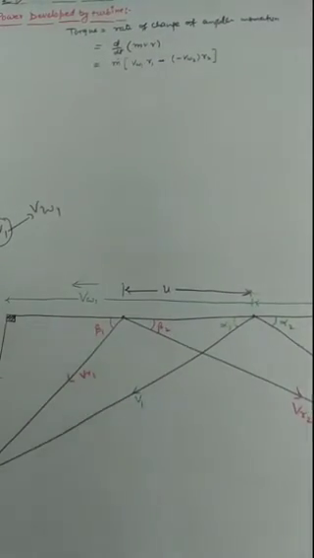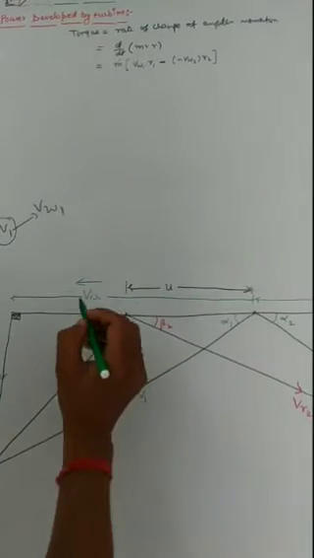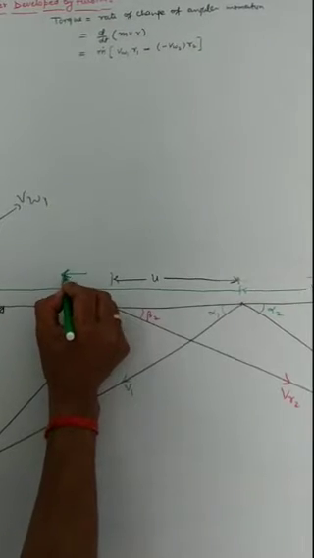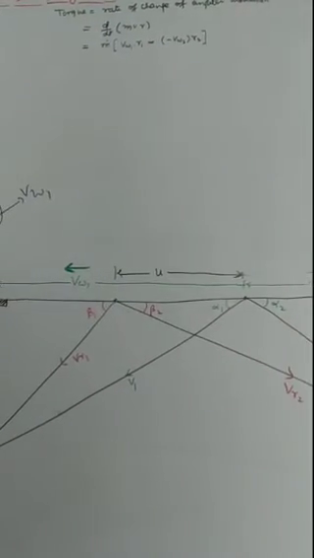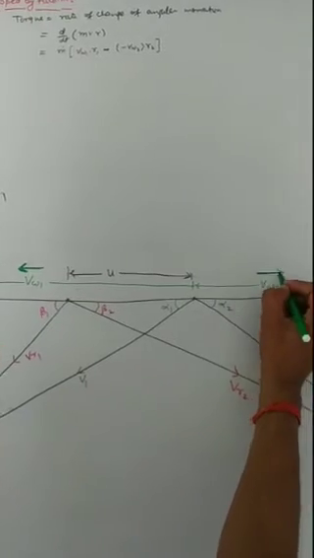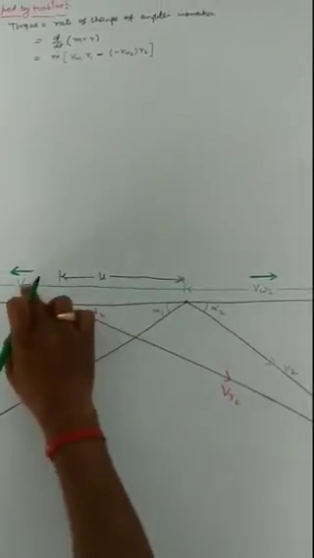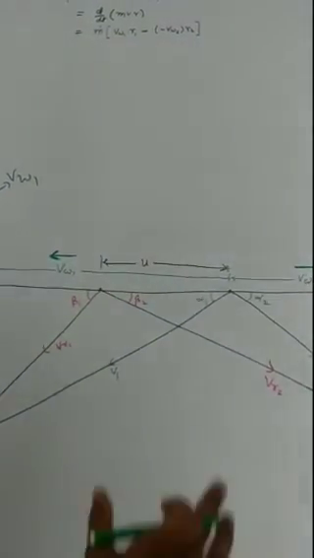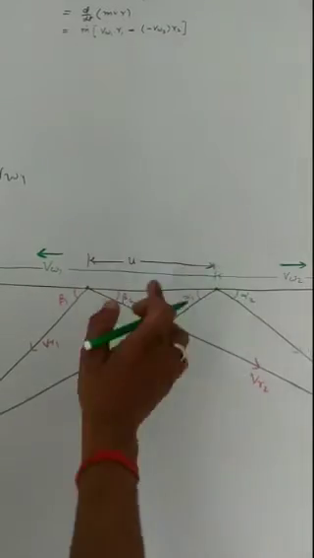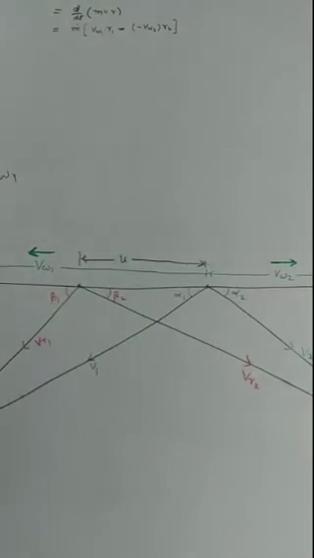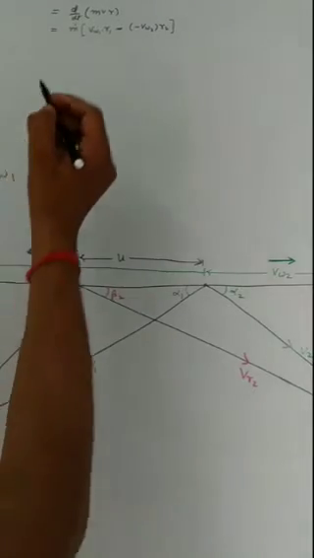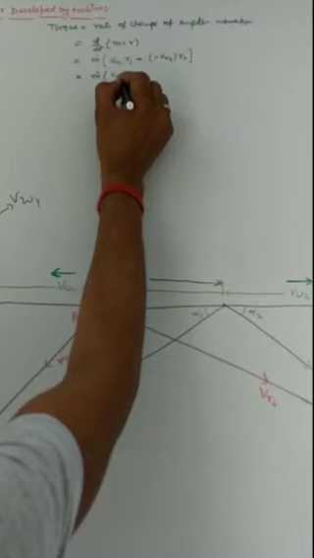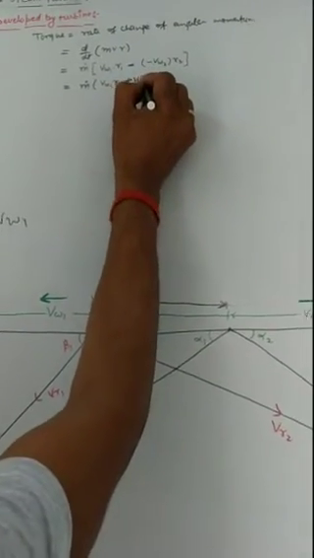As you see in the diagram, VW1 is the whirl component at the inlet in the velocity triangle, and VW2 is the whirl component at the exit. Both velocities are opposite in direction, because we are drawing the vector diagram. That's why a minus sign comes in the picture. So you can write m times (VW1 R1 plus VW2 R2).